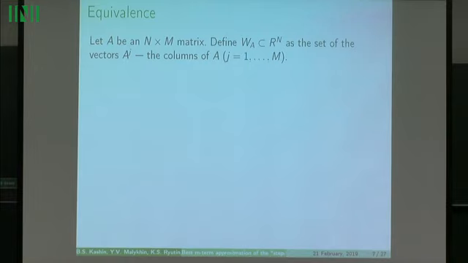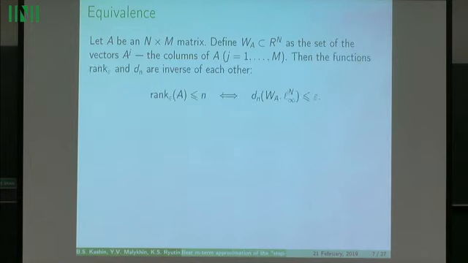So now I try to show that these two quantities are somehow related. Namely, we take our matrix A, an n times m matrix. We consider the set of its columns, the set of vectors a_j. And then we see that there is this equivalence.